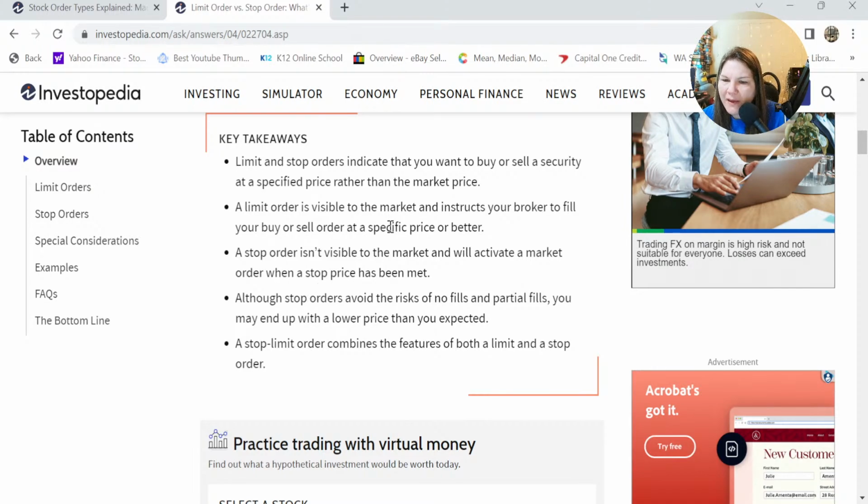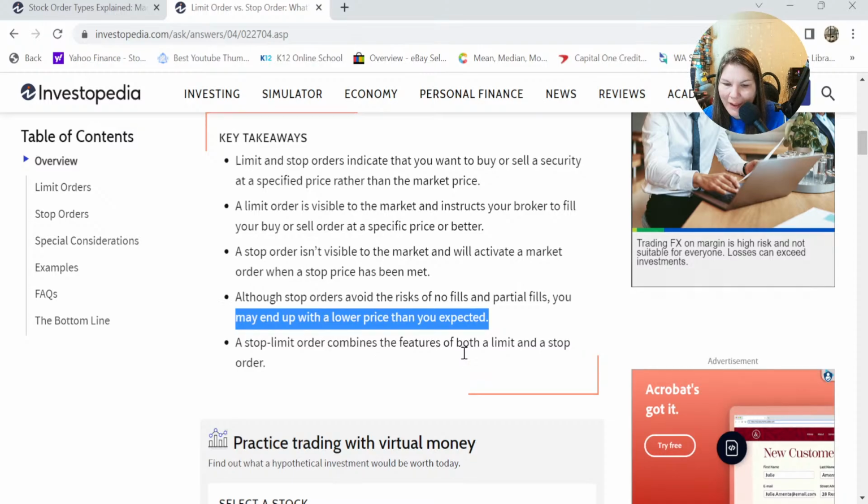If you thought you were going to pay $79 for it and you got it for $78, wouldn't that be a good thing? Although you may end up, doesn't that sound negative? It should say using a stop order can actually get you a lower price than you expected. I don't know. A stop limit order combines the features of both a limit and a stop order.